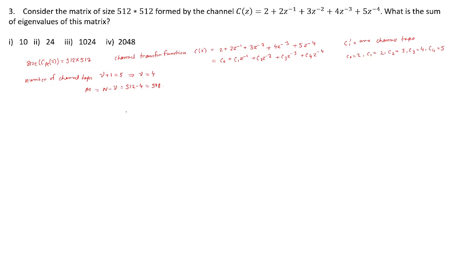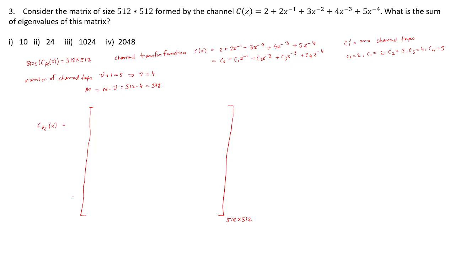Since you have only 5 channel taps, your matrix C_P C of Z is a 512 cross 512 matrix, but most of the elements are going to be zero.